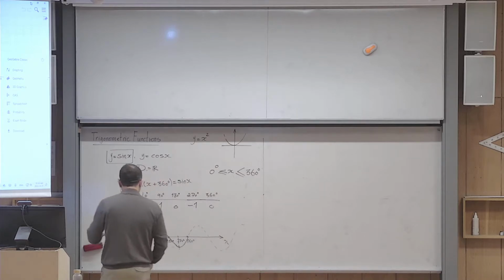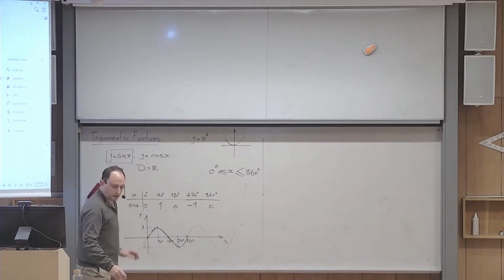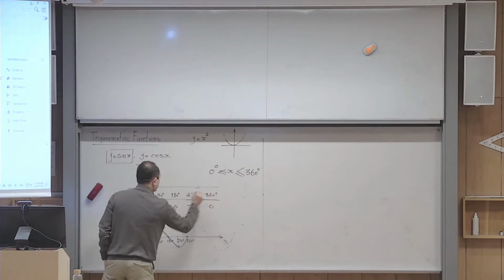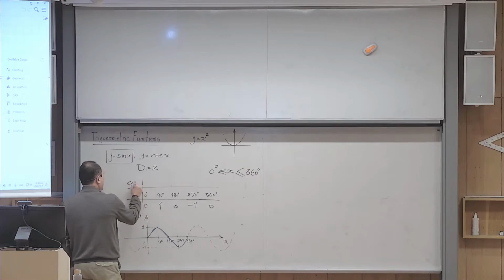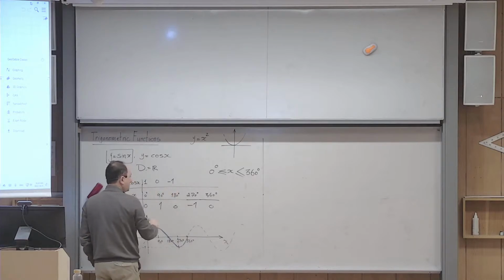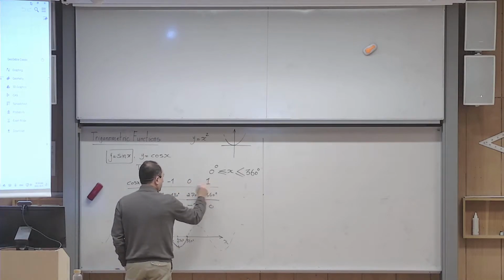Let us set up another row for this table, this time with the values of cosine. Cosine of 0 degrees is not 0, it is 1. Cosine of 90 degrees is 0, cosine of 180 degrees is minus 1, cosine of this number is 0, cosine of this angle is 1 again.